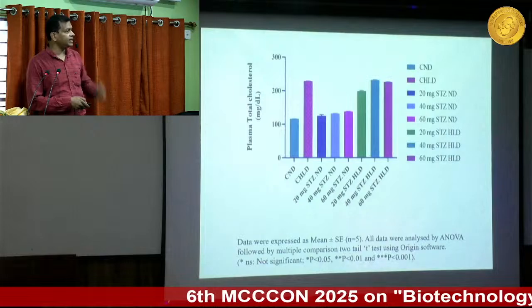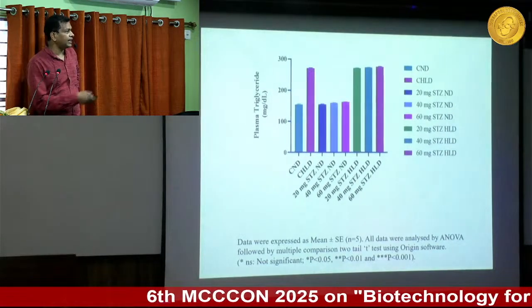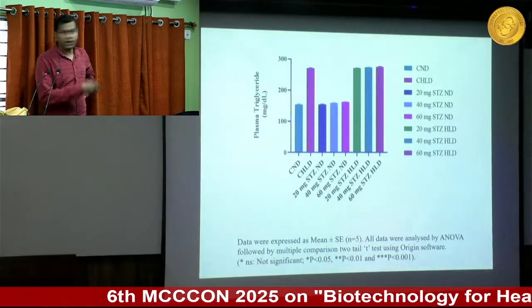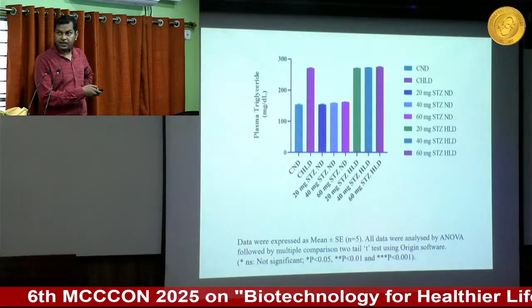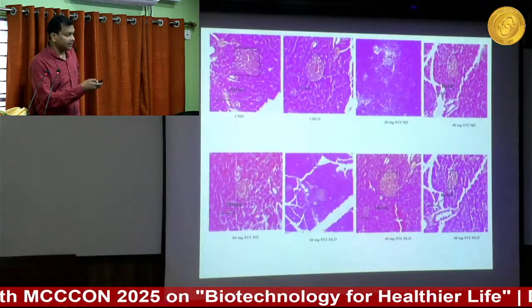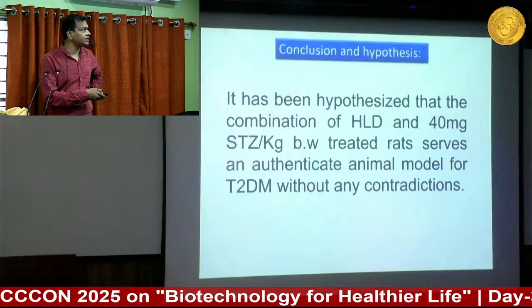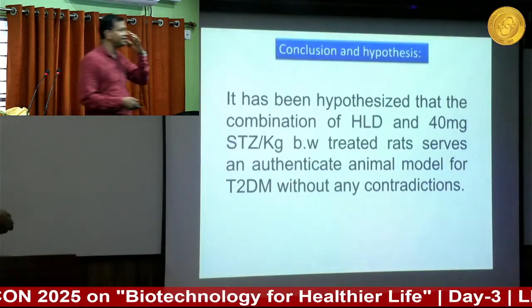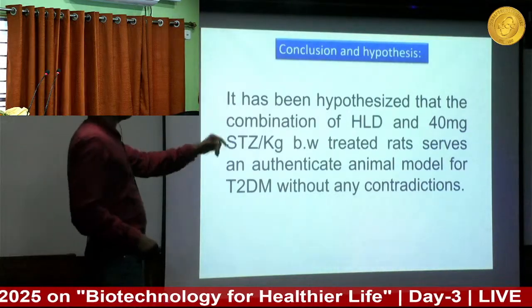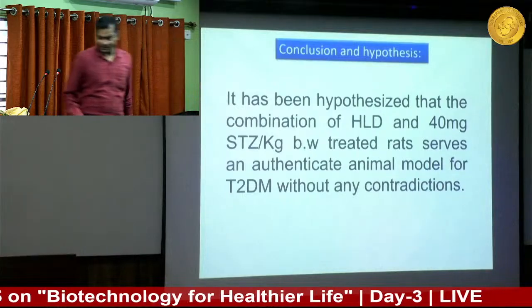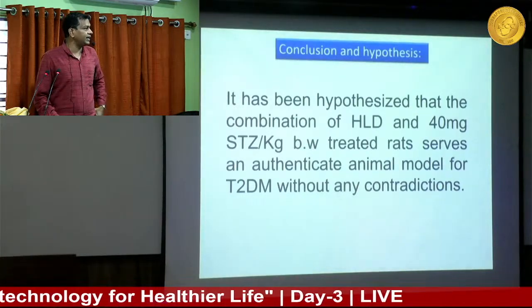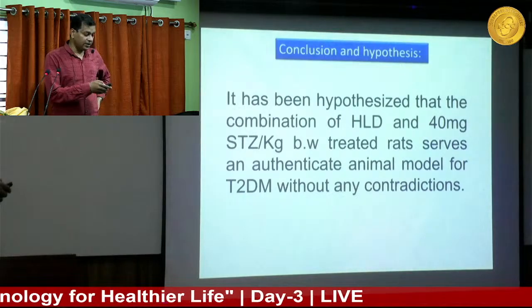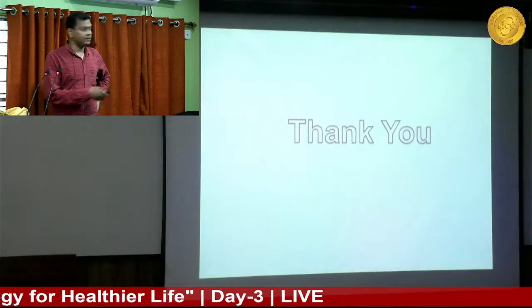Here high HLD diet, total cholesterol and total triglyceride also high. So it authenticates the HLD and hyperlipidemia, and it is the histological study, and it has been hypothesized that the combination of HLD and 40 milligram STZ per kg body weight treated rats serves as an authentic animal model for T2DM without any contradiction. Thank you.